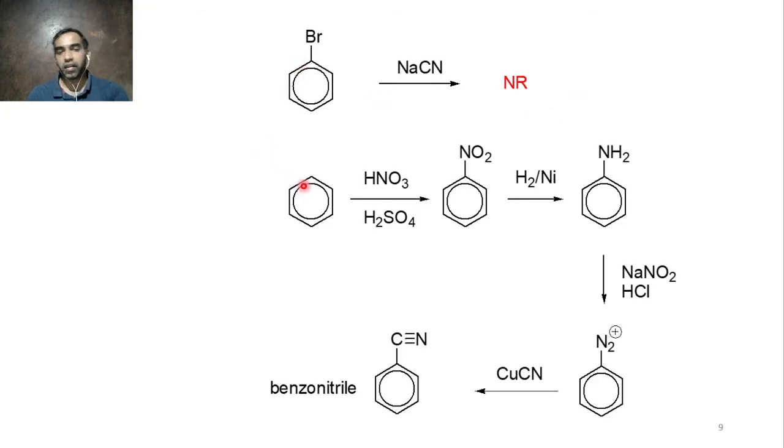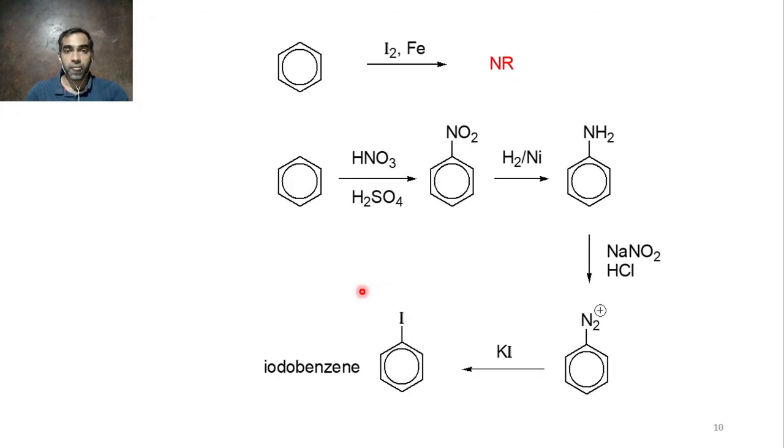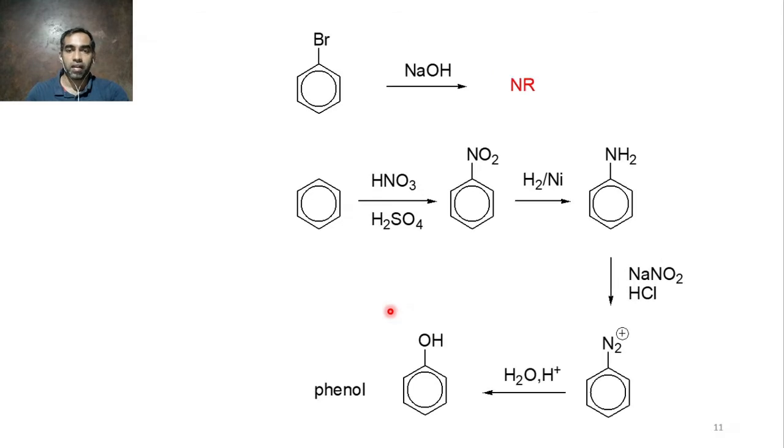It's an aromatic ring. Then what can happen? So you convert it into nitro, then amine, then diazo. Then this on Sandmeyer reaction with copper cyanide can give you cyanobenzene. Similarly, converting it to iodobenzene, you will do the same thing. These are some of the applications I am showing.